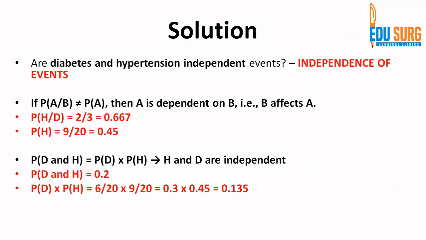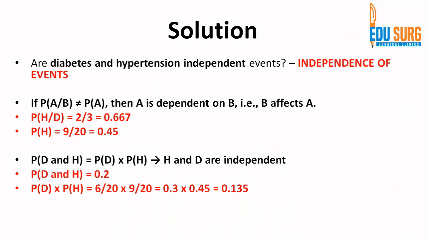Again, you can see P of D and H is 0.2 and P of D times P of H is 0.135. Again, they are not similar. So these two events are not independent, they are dependent on each other.